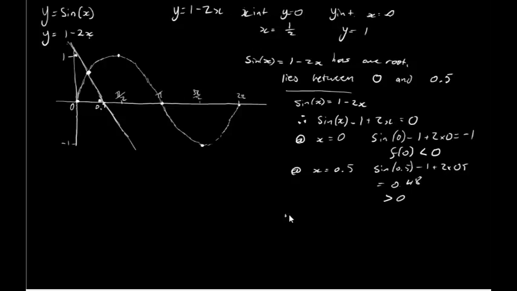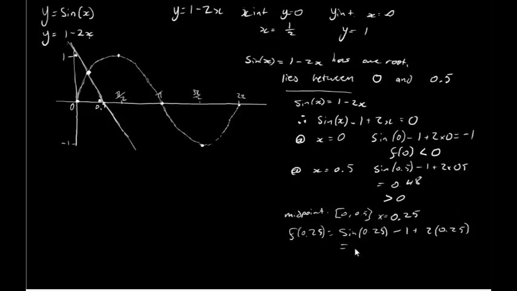So the midpoint between 0 and 0.5 is 0.25. So f of 0.25, sine of 0.25, take 1 plus 2 times 0.25, which is minus 0.25, obviously less than 0.